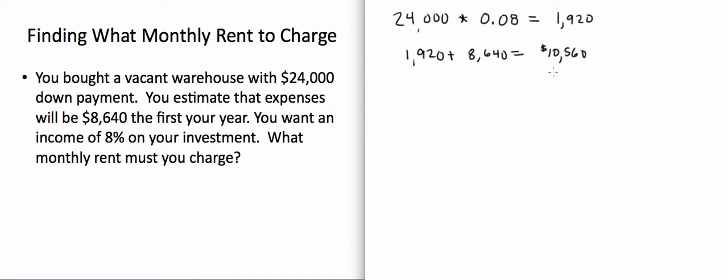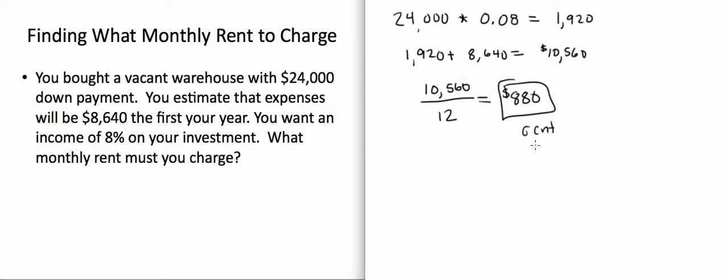So here, that is our income, or our expenses, for the entire year. So we're going to divide that by 12, and that's going to give us an answer of $880. So that is the rent we must charge to get 8% back on our investment.